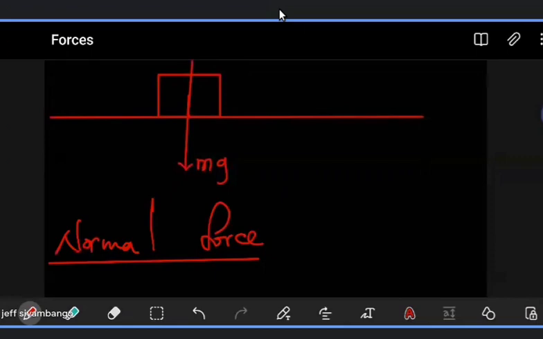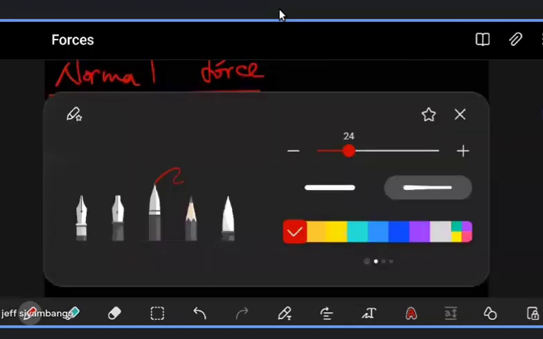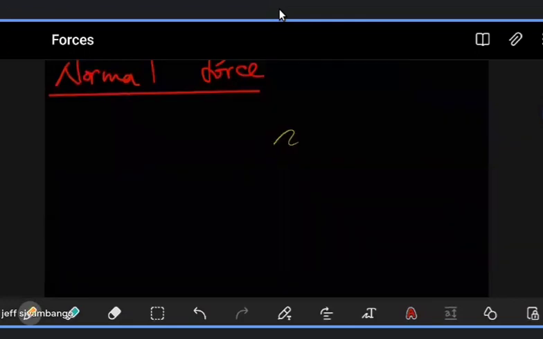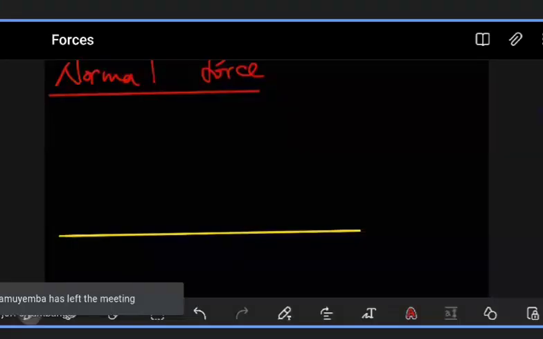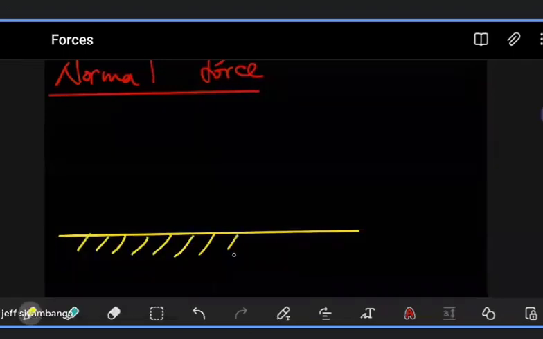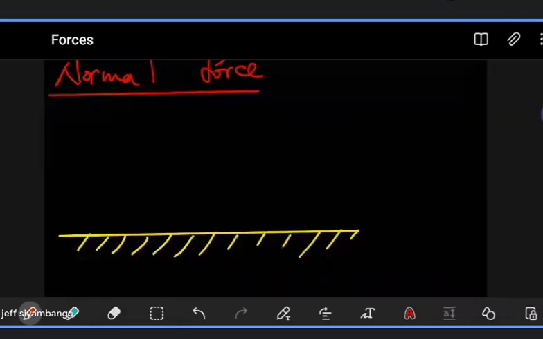So every time when you want to find where the normal force is, I want you to first look at where the surface is. If you have a surface like this one here, where we have something like this, then we place an object on our surface here.